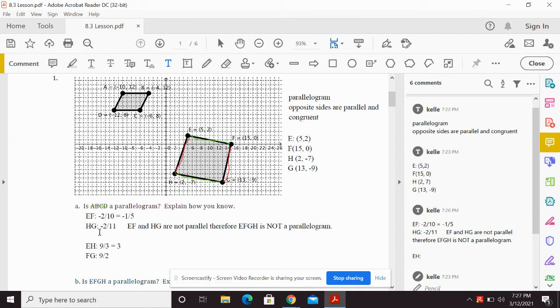So once again, is the slope of 9 over 3 the same as the slope of 9 over 2? Are these the same fractions? No. EH and FG are not parallel. So therefore, EFGH is not a parallelogram because opposite sides have to be parallel.